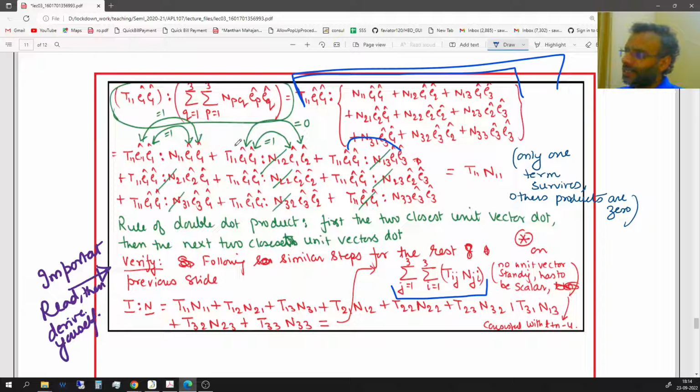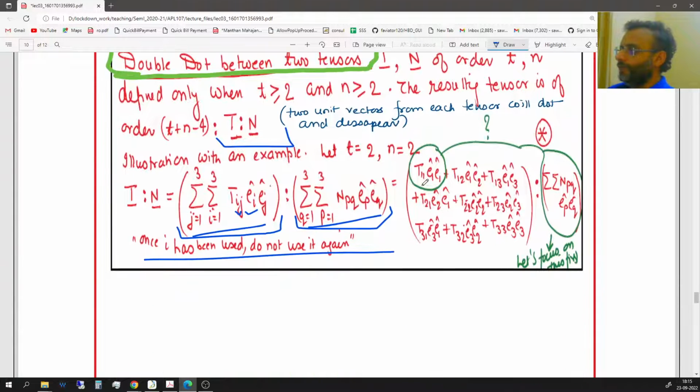And in this case, they are going to destroy each other because we have e1 dotting with e2 that will become 0. So overall, this term will have no contribution. This story will be repeated, you can verify, for all other 7 terms in this summation. So the only one term that survives is T11 N11. Other products are 0. So this was the outcome of T11 e1 e1 double dotting with the n tensor.